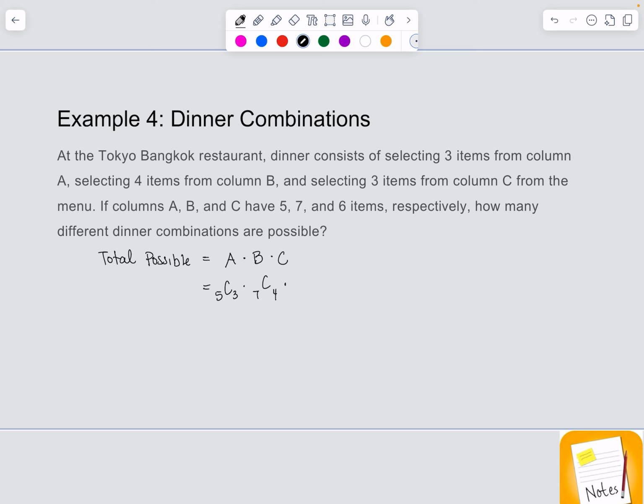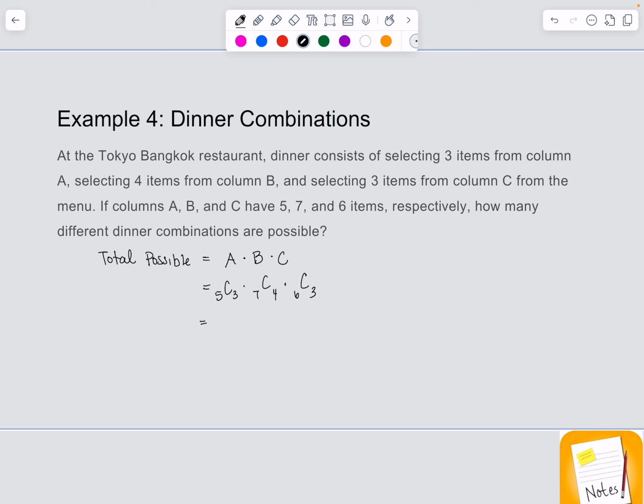And then C has 6, and we're choosing 3. So I'm going to calculate the combinations 3 times, once for each column. One column has a different combination than the other column. So I have to do it 3 times, and I'm multiplying it all together because that's what our fundamental counting principle tells us for all the different outcomes.